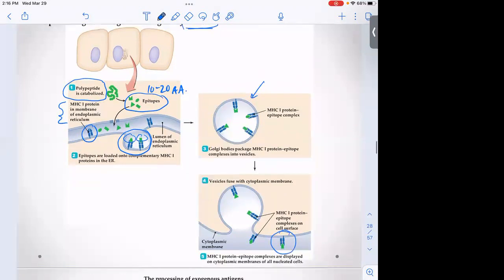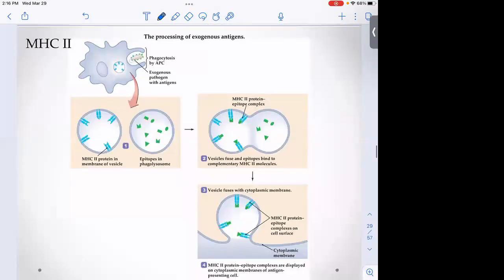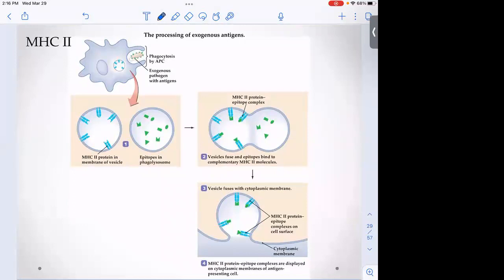Okay, the MHC class 2: remember, here's some kind of phagocytic cell, and it's phagocytizing some antigen. It doesn't show this, but the MHC class 2 originated in the ER. It pinches off from the ER and fuses with the phagolysosome. So remember, the bacteria, say, gets enclosed in a phagosome.